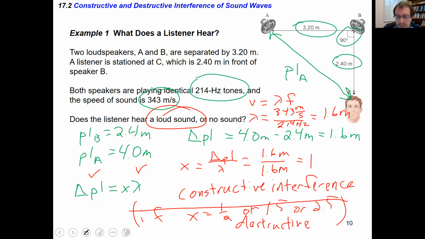But clearly that's not what happened. In this case, we had our x is equal to 1, so we have constructive interference.